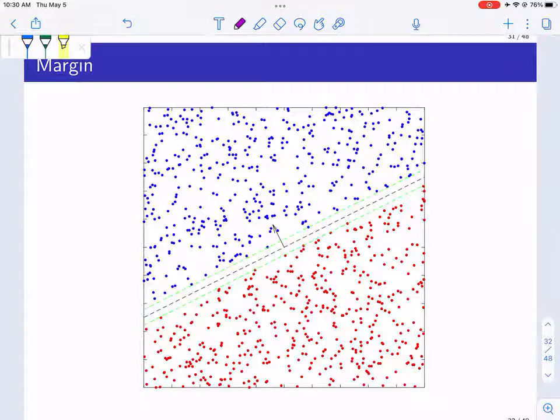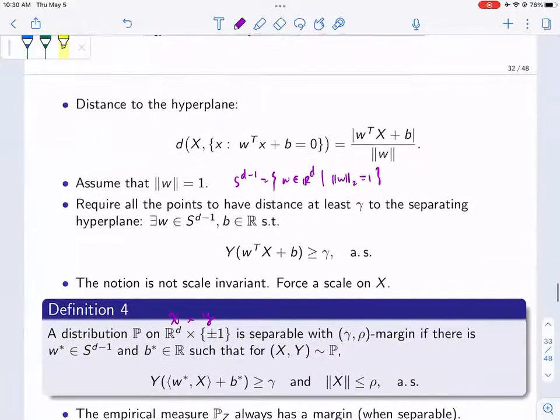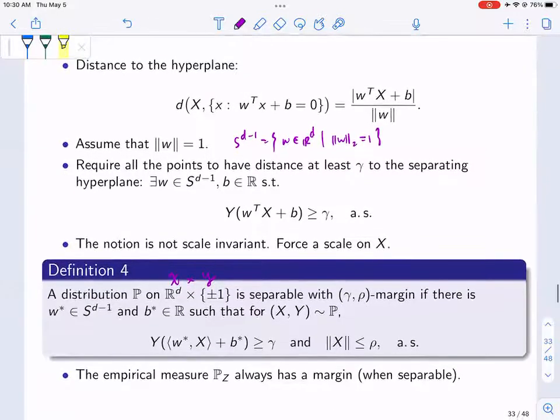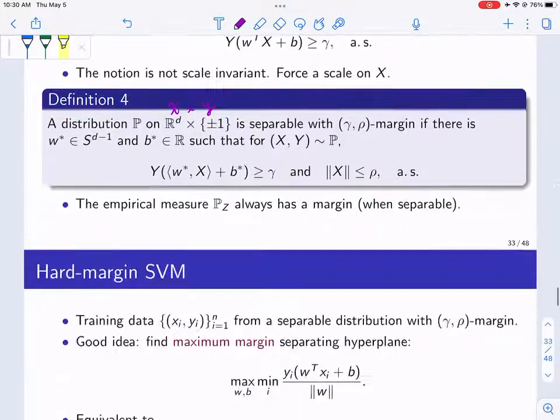But then in the population, it's a very strong condition. It says that no matter how many points you get, there is a positive gap. Everything is clear, right? Okay, so that's that.